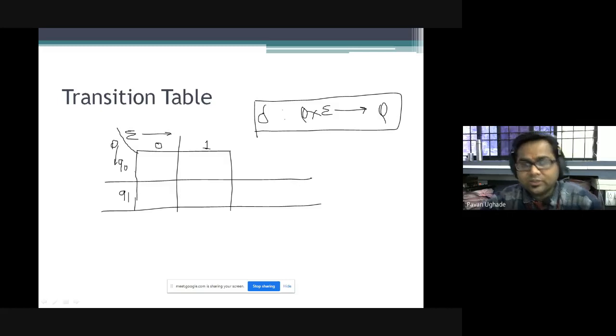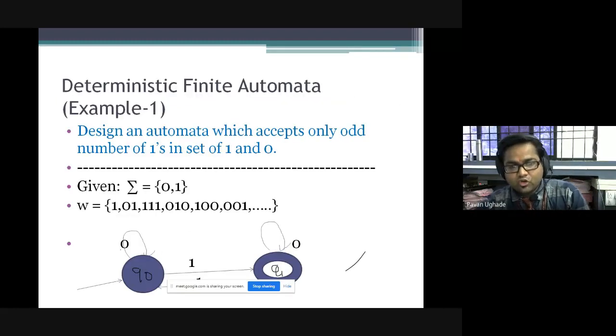Now what happens here, you have to simply write down state over alphabet, and the new state you will be getting you represent in this tabular structure. Now if you move to the transition diagram, q0 over 0, where will be the next state? Students, as per this transition diagram, q0 over 0.